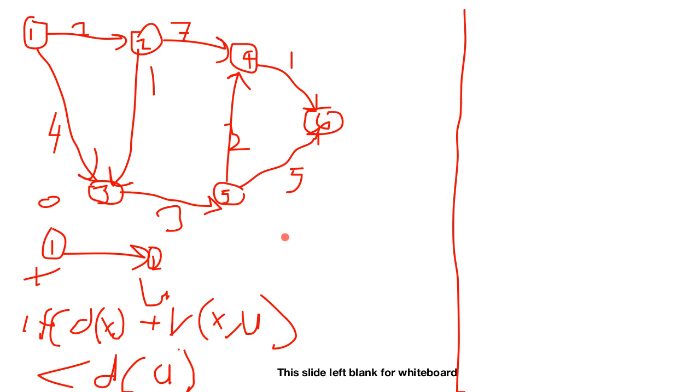We can now replace that with d of u is equals to d of x plus the vertices of u and x.